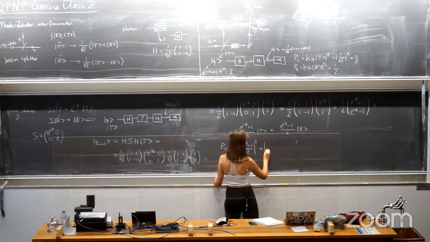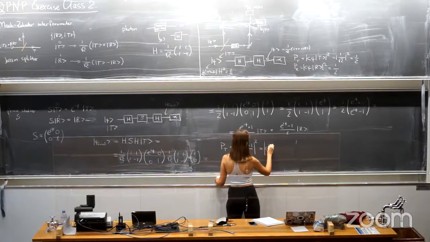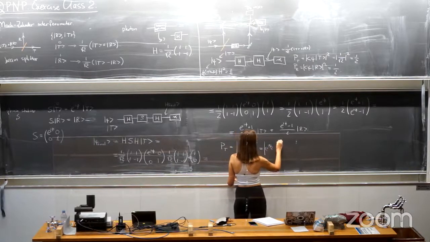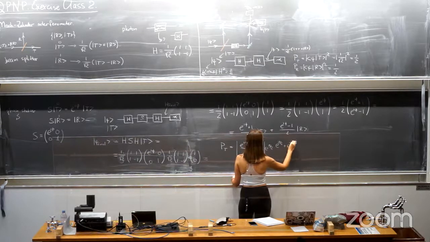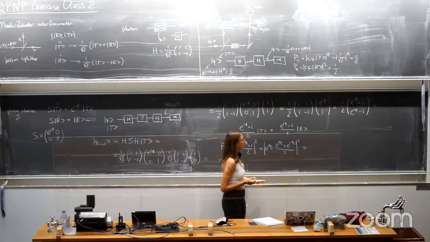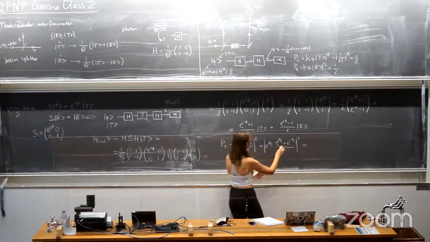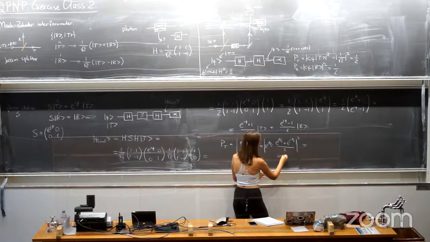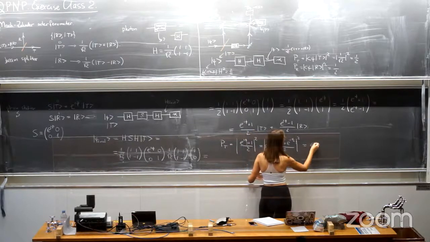Here we can take out e to the power i phi over 2, and we are left with e to the power i phi over 2 plus e to the power minus i phi over 2, over 2, squared. The prefactor we can disregard because we take the modulus squared anyway. And this is a cosine of phi over 2. So basically what we get here is cosine squared of phi over 2.